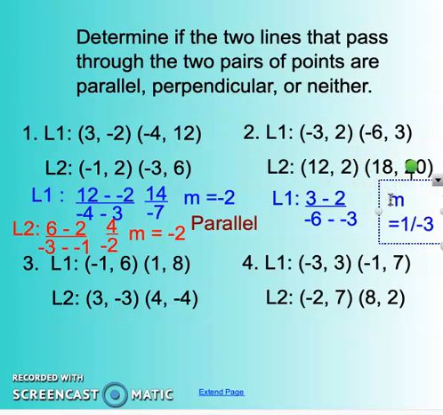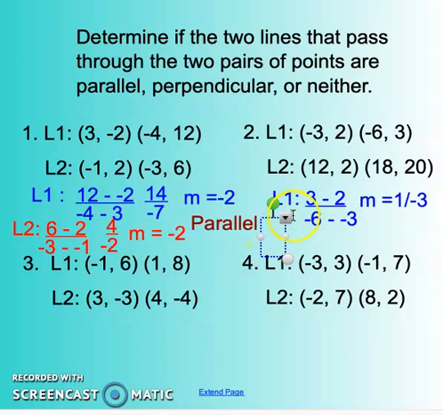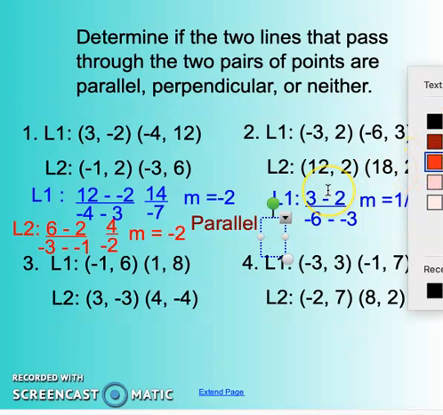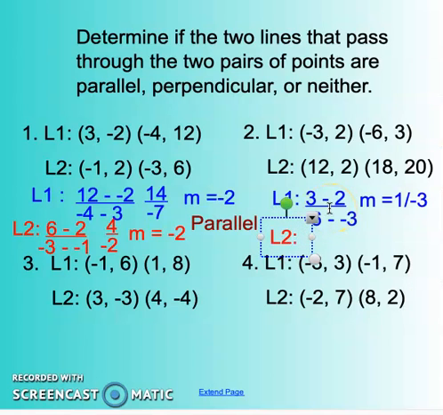Excellent job, guys. Let's compare it with L2. For L2, we are subtracting 20 minus 2. And what are our x's? Yep, negative 18 and 12.